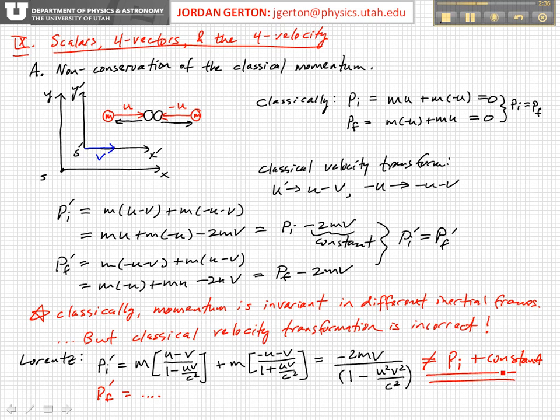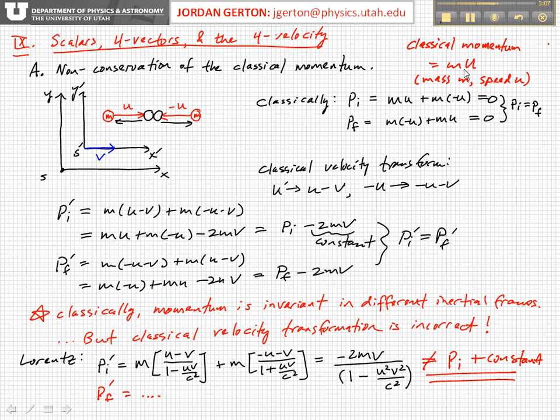Okay, so what that means is that this classical momentum is m times v. So what we've assumed here is that the classical momentum for a particle of mass m and speed u is just m times u.